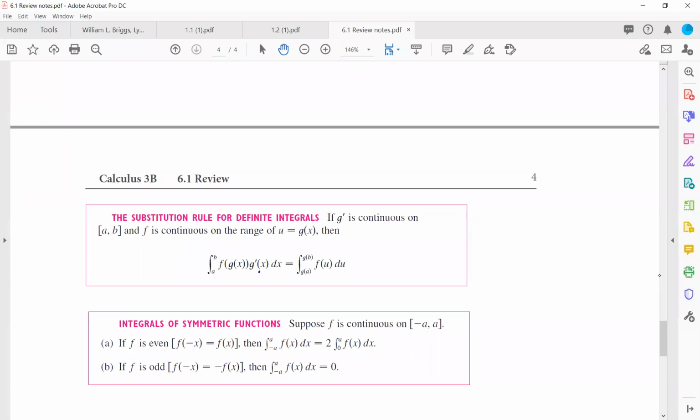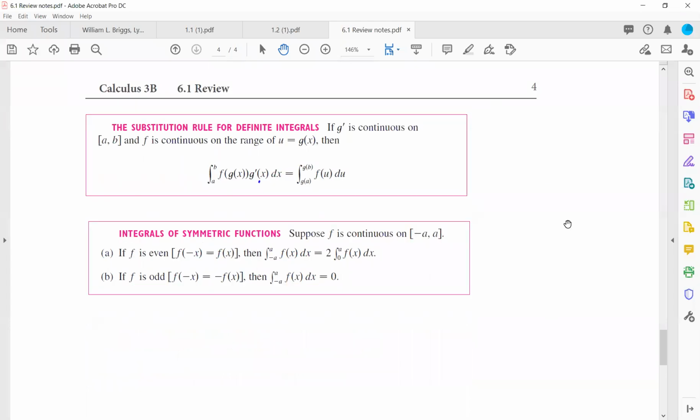Then the integral of f of g times g prime when x ranges between a and b is equal to the integral of f of u du while u ranges between g of a and g of b.